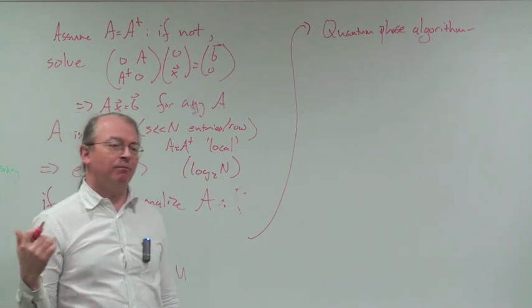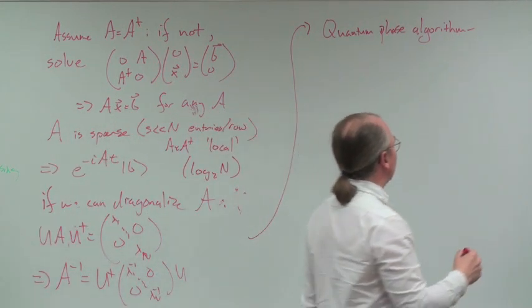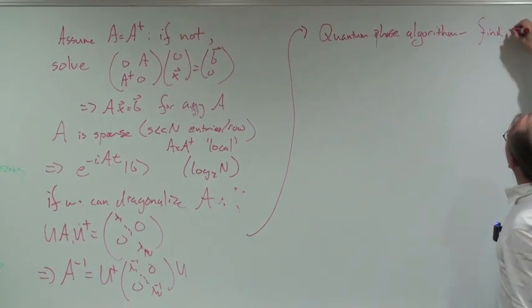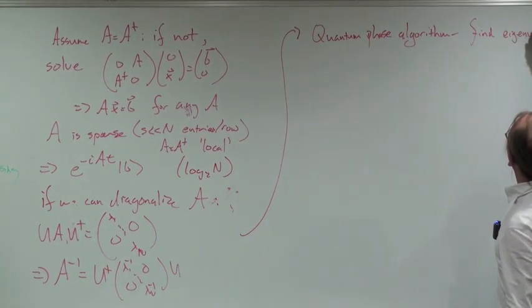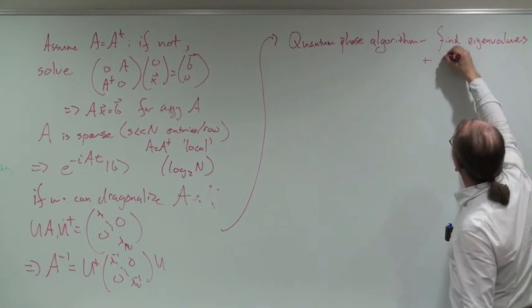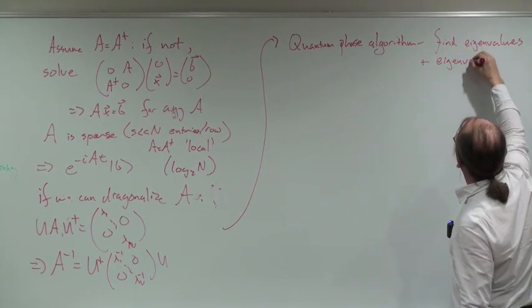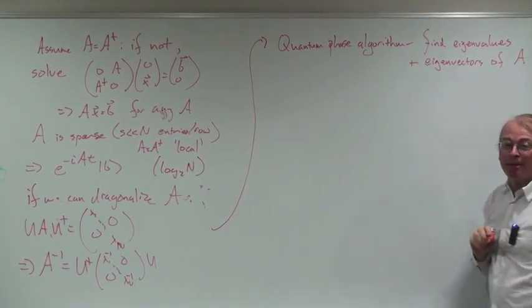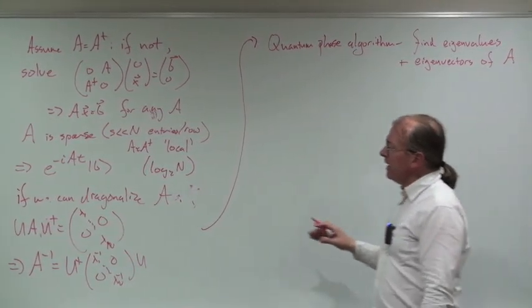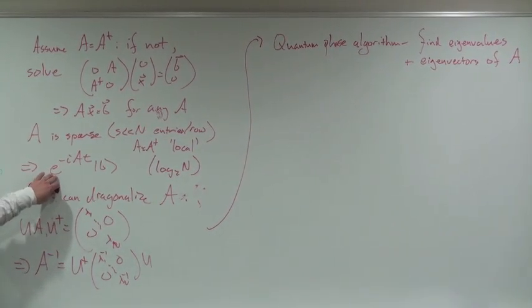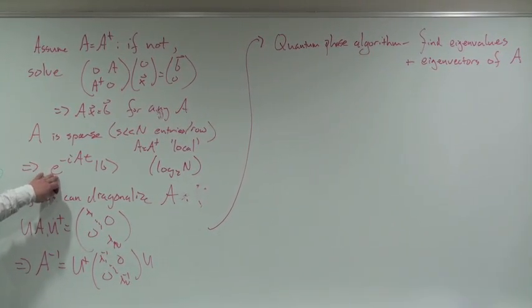But my graduate student Dan Abrams and I showed that this is an algorithm that allows you to find the eigenvalues, which is what Kitaev used it for, but also very importantly, the eigenvectors of A. It takes the ability to exponentiate a matrix and find its eigenvalues and eigenvectors.